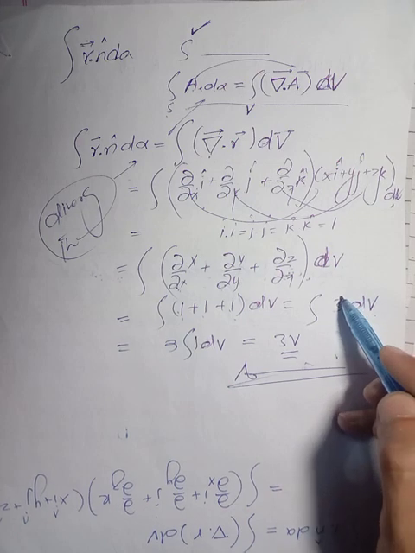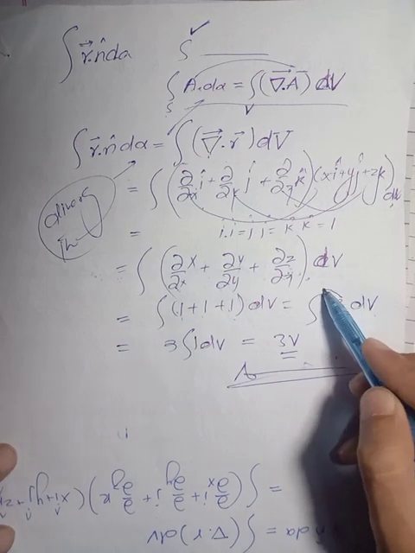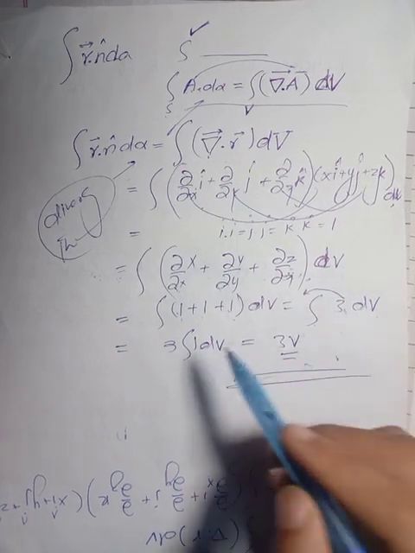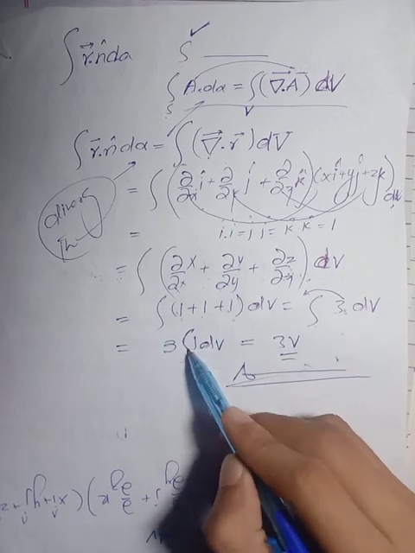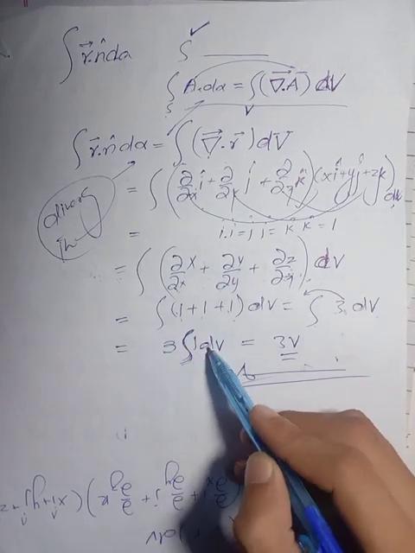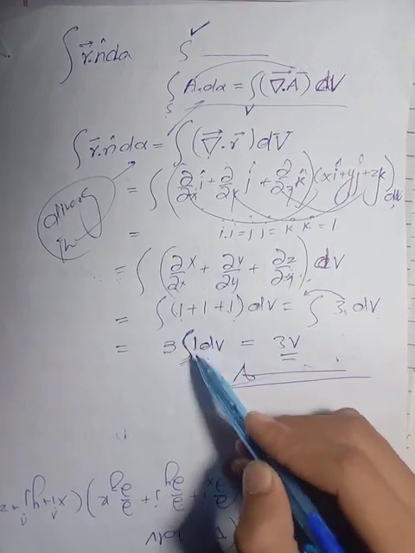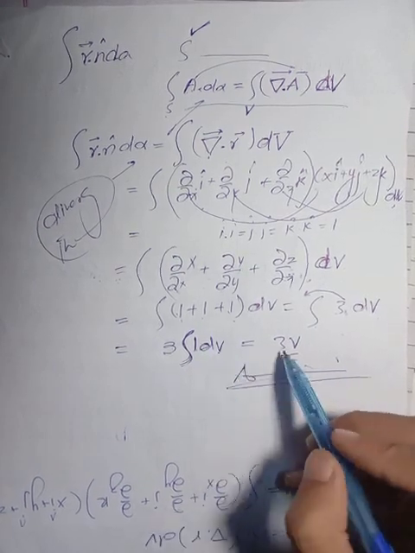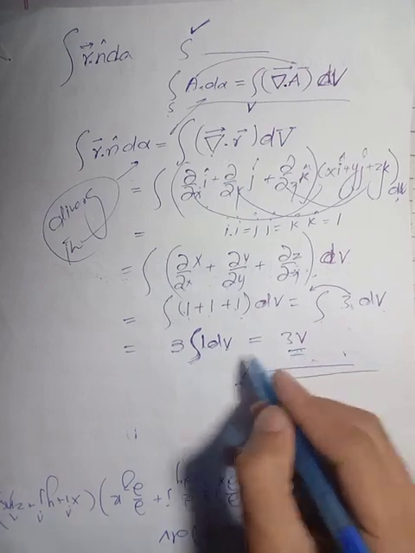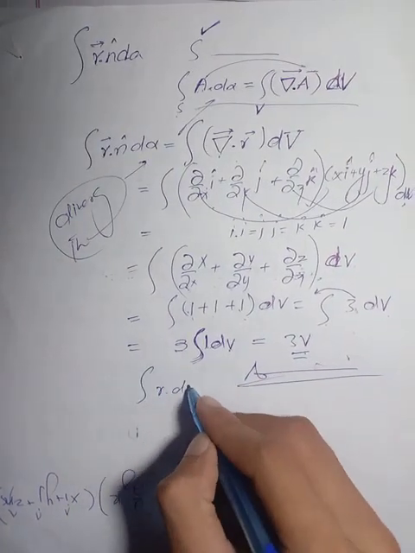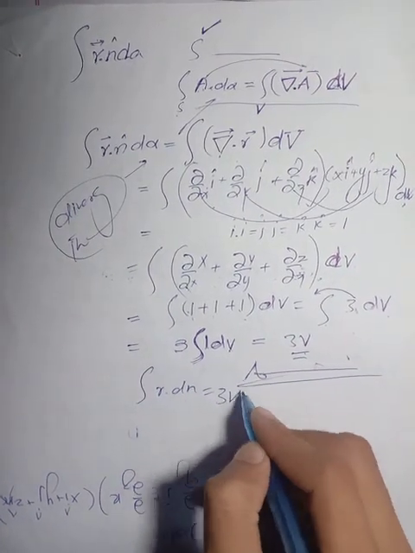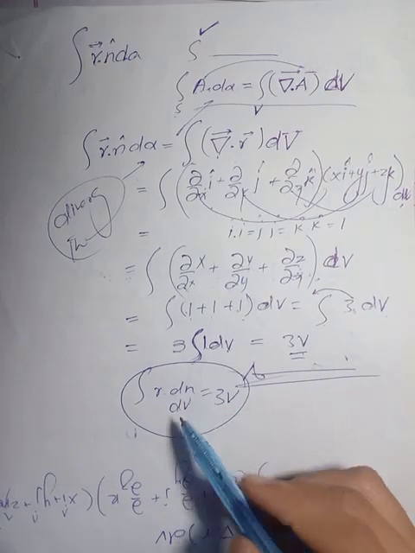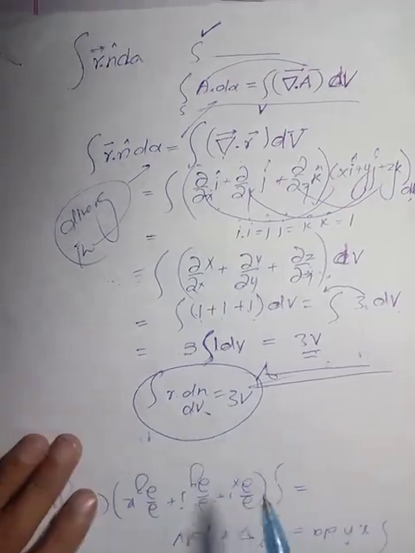We take the constant 3 in front of the integration sign, giving 3 integration dV. The integration of 1 with respect to V is V. So the answer of the integral of R dot n dA is equal to 3V. This is the answer.